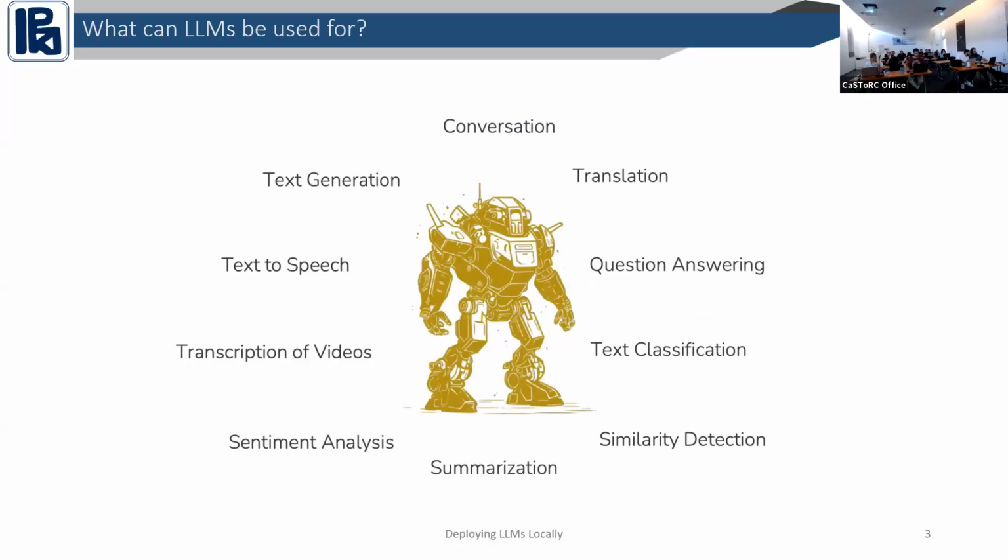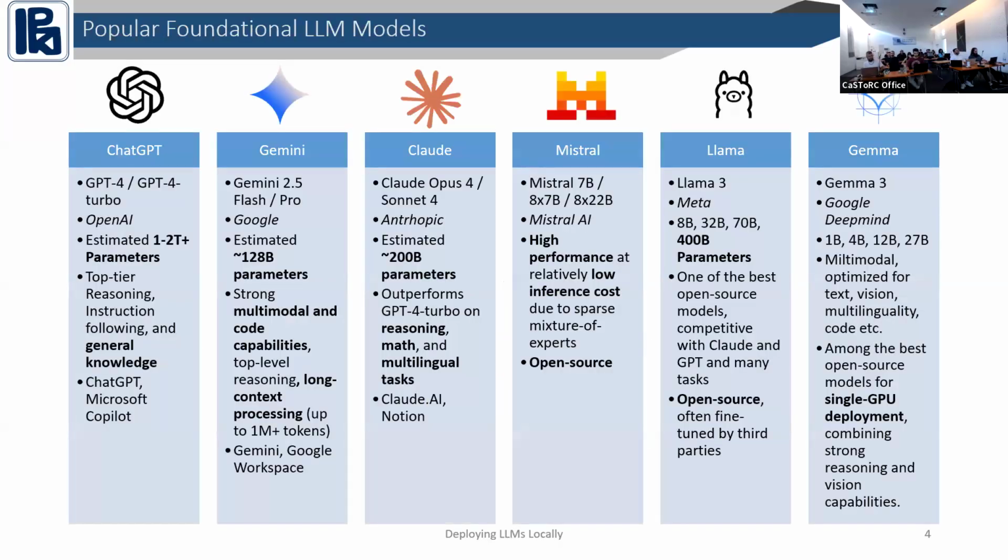You can use it for conversing, translation, Q&A, classifying text, providing summaries, transcribing videos, text generation, and so on. There are various popular LLM models, some foundational models. For example, I'm pretty sure you all know ChatGPT, Gemini, Claude, Mistral, and so on.